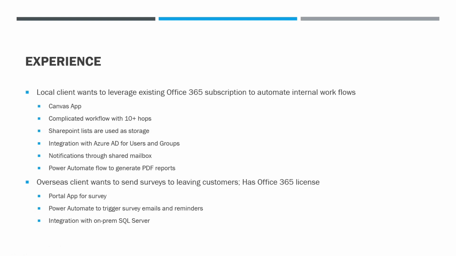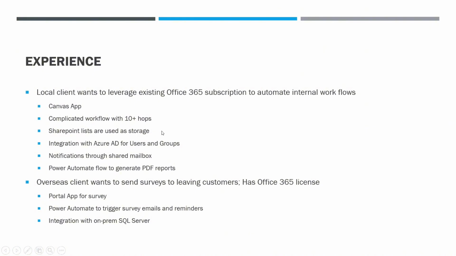Manager will either approve it or reject it or return it back to the employee. And once it is approved, it goes to, I don't know, the administration or HR or somewhere where it is logged. So we're talking about 2-3 hops. Whereas their business workflow was complicated. I think it had 13 hops in the first workflow and maybe more in the second. So we created a Canvas app for them for data storage.